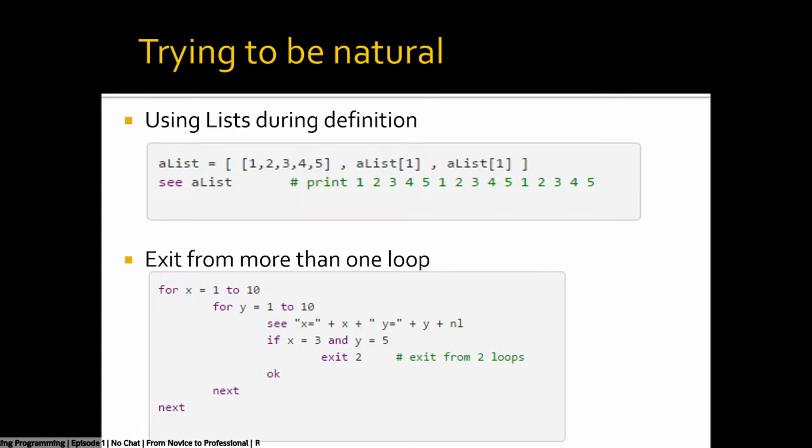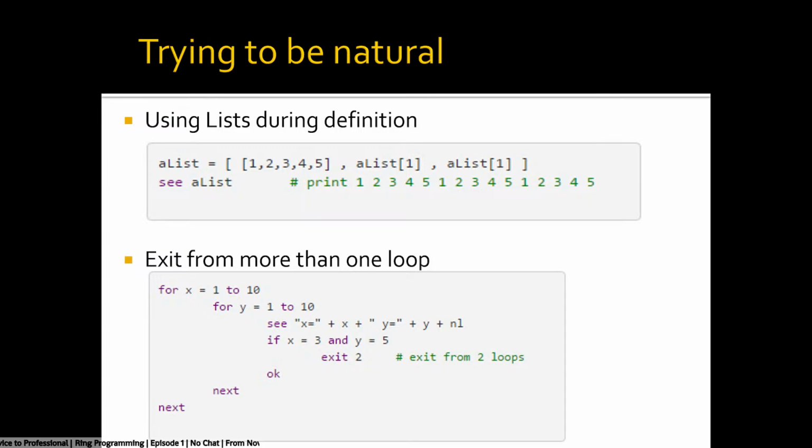Okay, makes sense, yeah. Exit from more than one loop. For x equal 1 to 10, for y equal 1 to 10. Oh, man. See x equal. Oh, so print x equal plus x plus x plus.